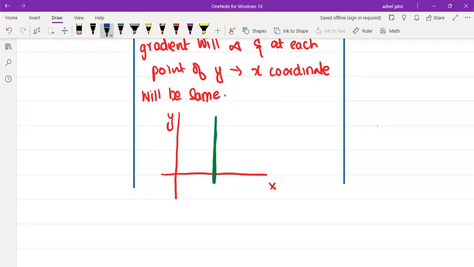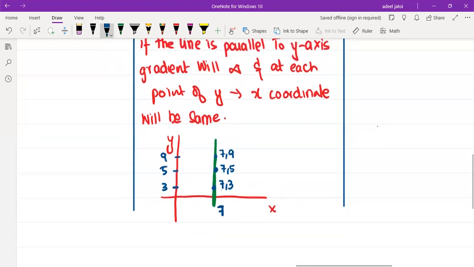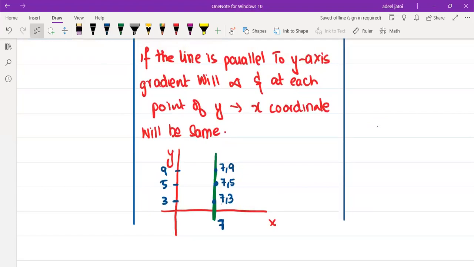Now, just randomly, if I take an example that this is 7 and I have y as 3, 5, and 9. So this point would be 7, 3. This point will be 7, 5. This point will be 7, 9. Since this is parallel to the y-axis, your x coordinate will remain the same, but the y coordinate will keep on changing. This is just because the line is parallel to the y-axis.